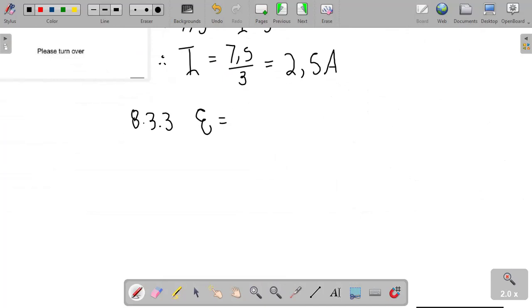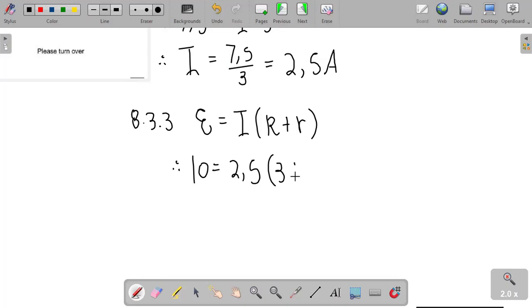Okay, it's going to be I, and then R plus r, the equation for EMF. And then we have 10 equals 2.5, and then 3 plus r.